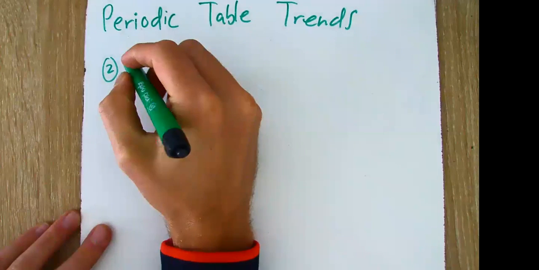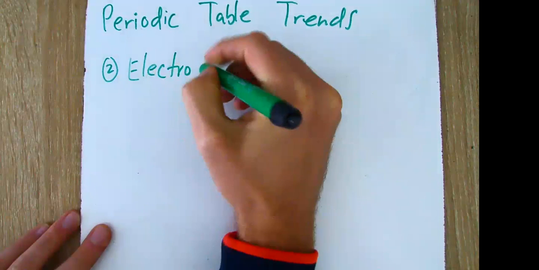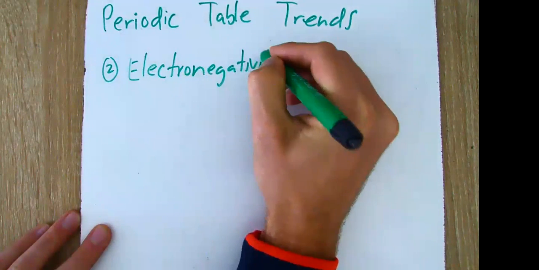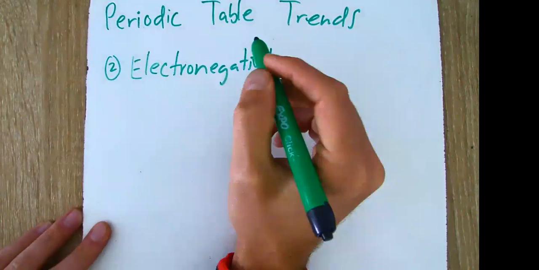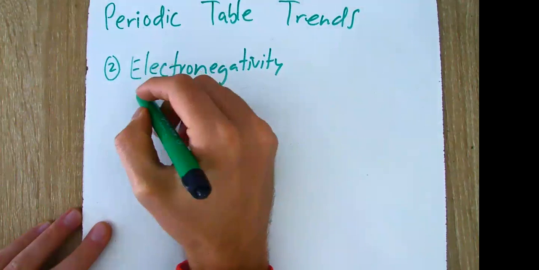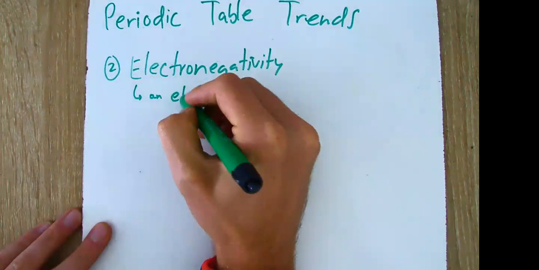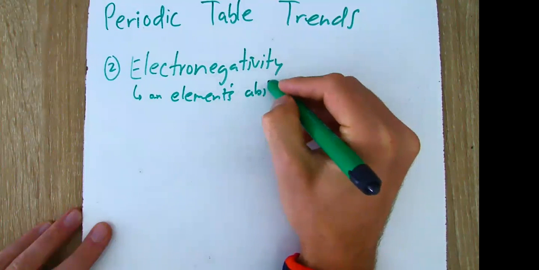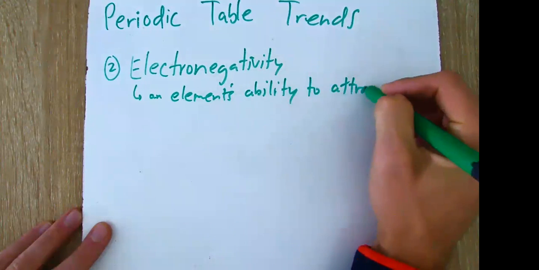All right, the second periodic table trend that we're studying today is electronegativity. Electronegativity, and you can describe it as an element's ability to attract electrons.